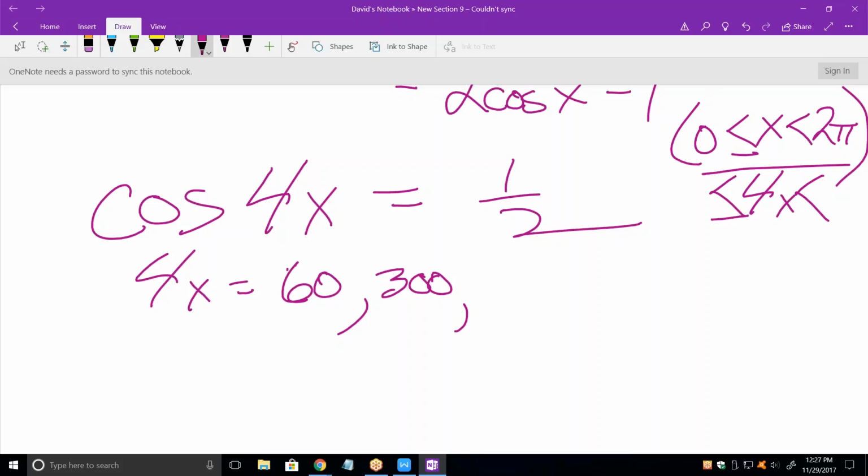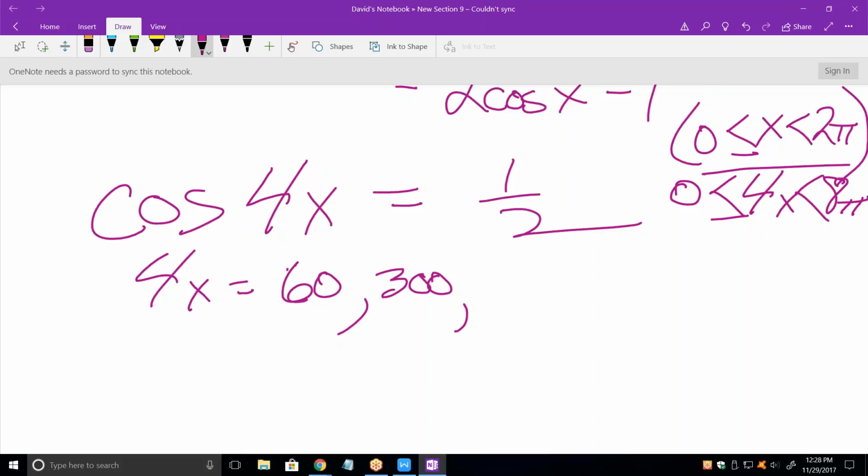It'd be 60, 300. 0 to what? 0 to 8 pi. Yeah. So we have to answer this 4x problem all the way out to 8 pi. That's 4 unit circles. So let's just keep adding them.